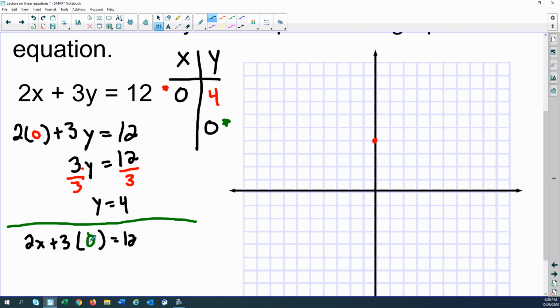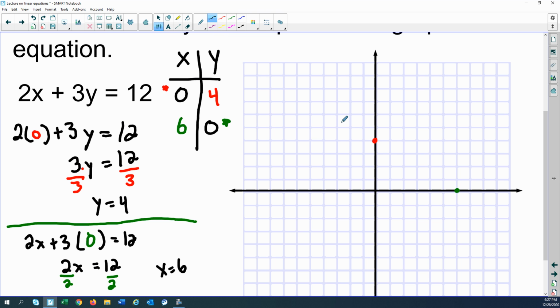Same idea, 3 times 0 is 0, so you're left with just 2x equals 12. Divided by 2. That's multiplication again. And that leaves us with x equals 6. So our x-intercept is 6 to the right, up and down 0.